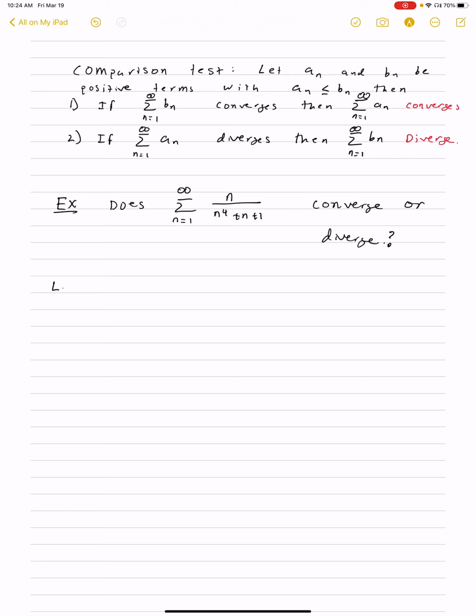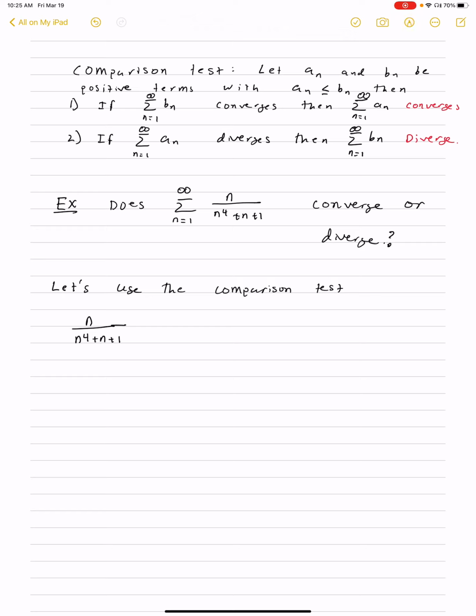Well, I'm going to use the comparison test. One thing we're going to note is this n over n to the fourth plus n plus 1.